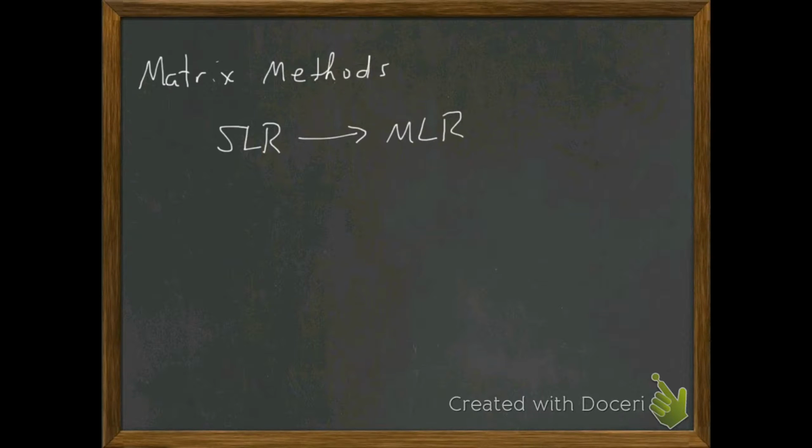So guys, the beauty of what I've tried to do so far is set a very solid foundation using matrix methods for simple linear regression. The fact is, if we have a firm, solid foundation for simple linear regression, then multiple linear regression follows suit. For example, our response vector is still going to be like this.